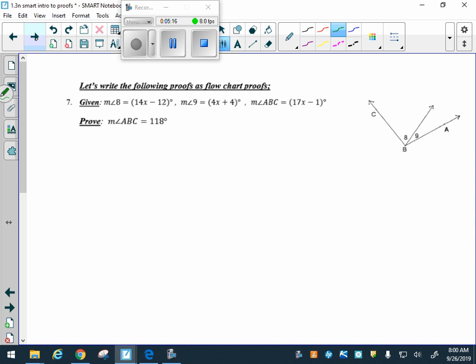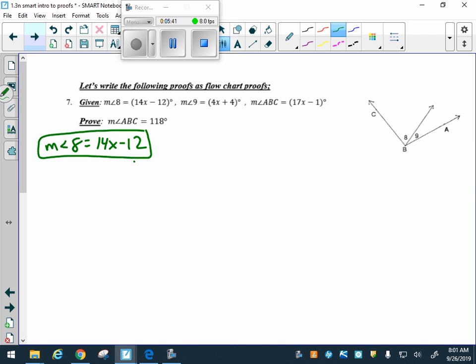Okay, when we look at this diagram, so far we have a very limited number of things we've learned. Postulates and theorems and definitions, etc. What do you think is going to be the postulate or theorem that we use for this diagram? Yes, it looks like an angle addition postulate.